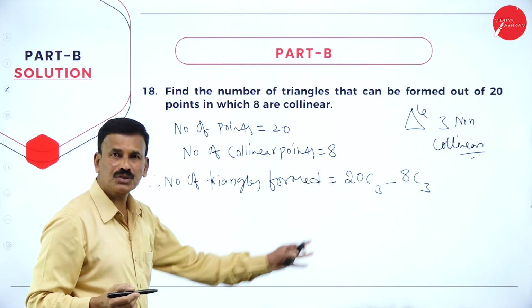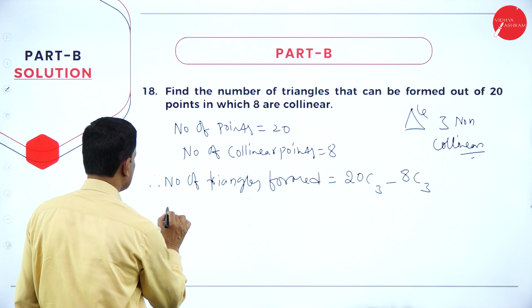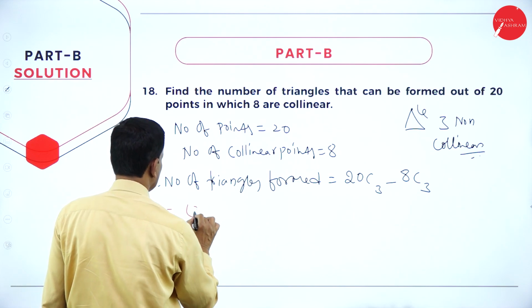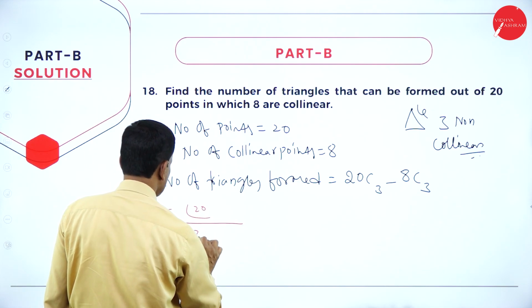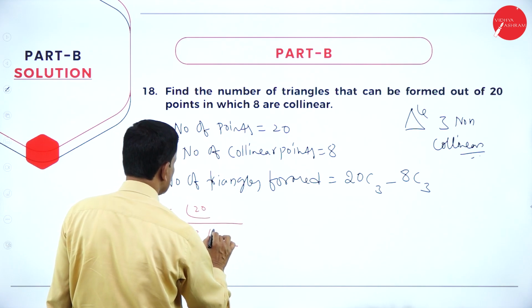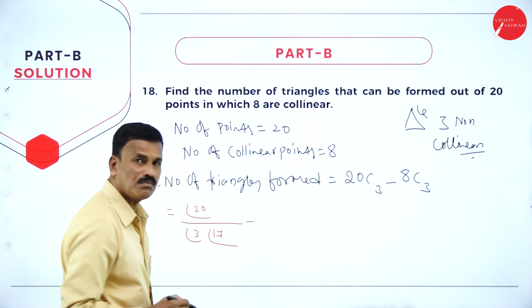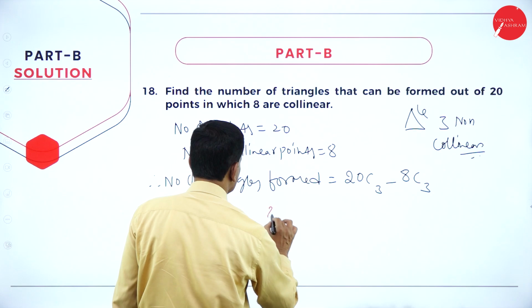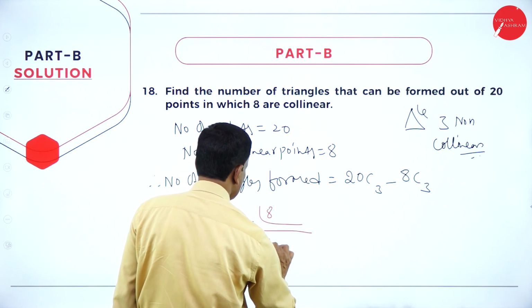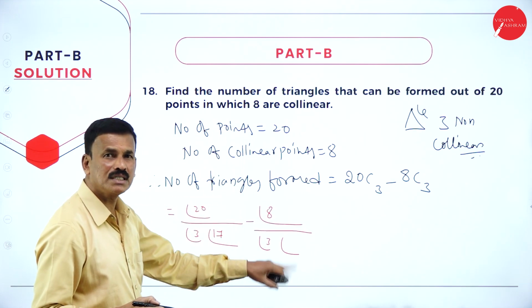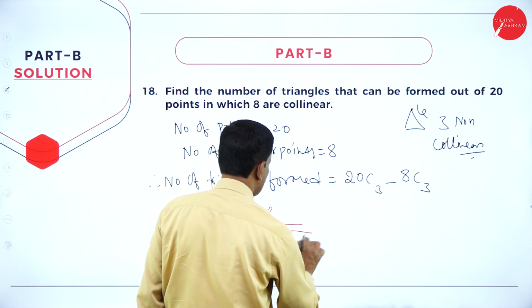So 20C3 minus 8C3 can be written as 20 factorial divided by 3 factorial into 20 minus 3, which is 17 factorial, minus 8 factorial divided by 3 factorial into 8 minus 3, which is 5 factorial.